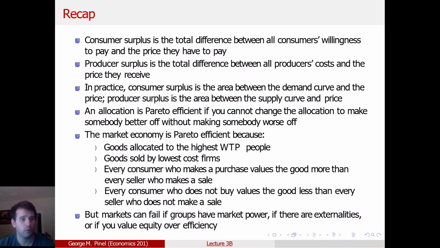But even though markets might be efficient in general, there are a couple of scenarios in which they might fail. I went in depth on these in the last lecture. But markets can fail if groups have market power.